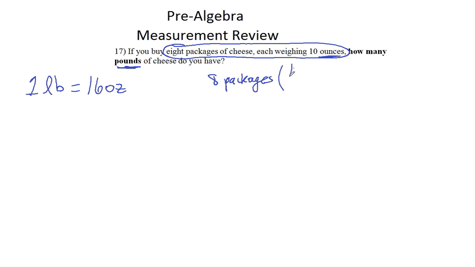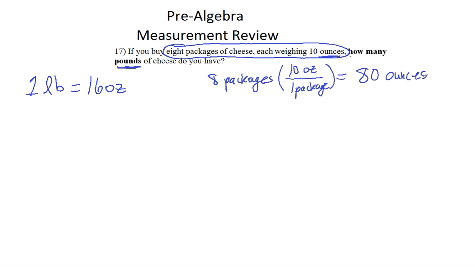I'd have 10 ounces for 1 package. Again, a shortcut some of you might do is just 8 times 10, but how do I know it's 8 times 10? For me, this rate, 10 ounces over 1 package, is how I know. So that's 8 times 10 divided by 1, which is going to give you 80 ounces. So wow, that's a lot of cheese. You got 80 ounces of cheese.